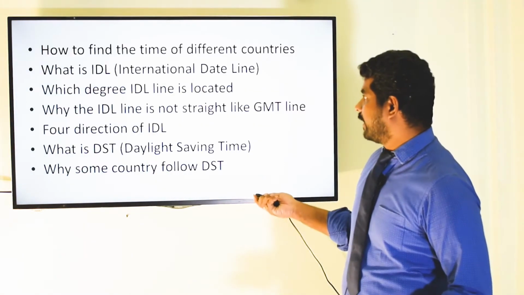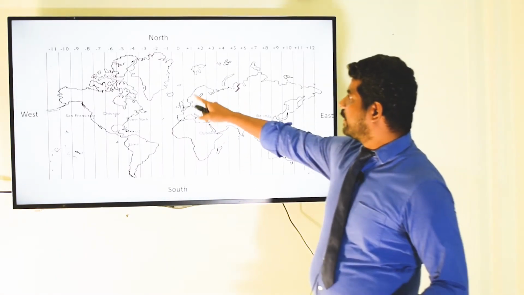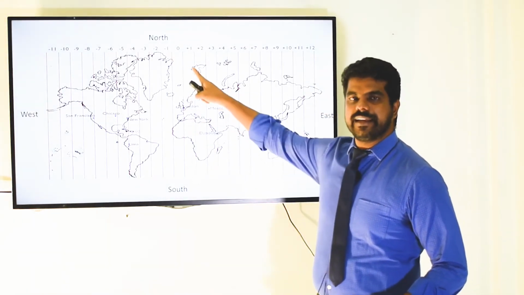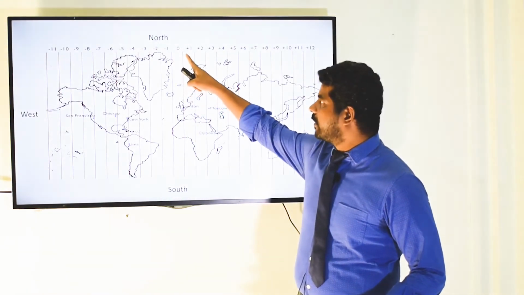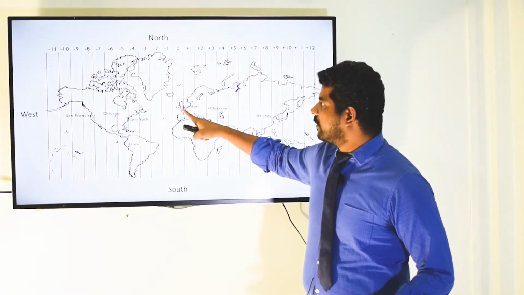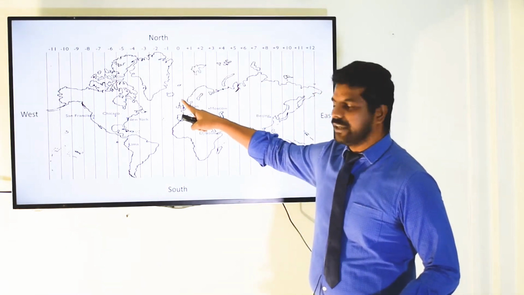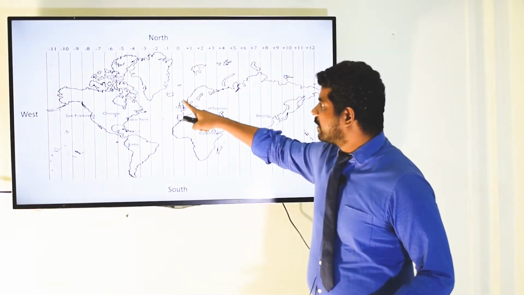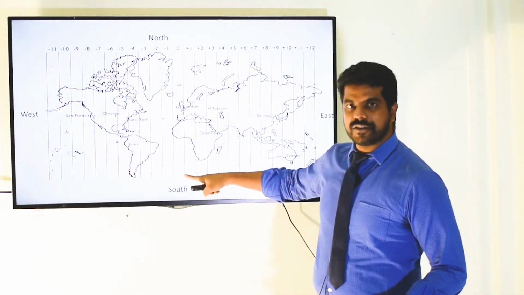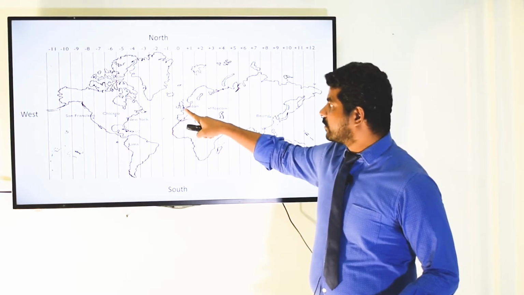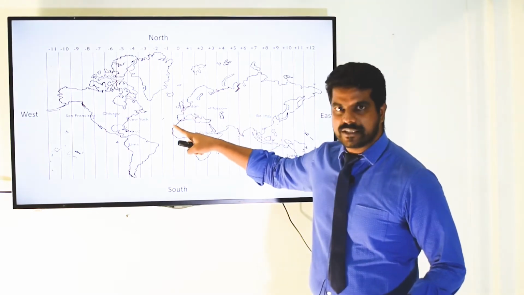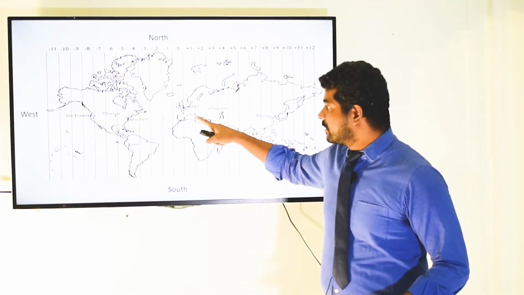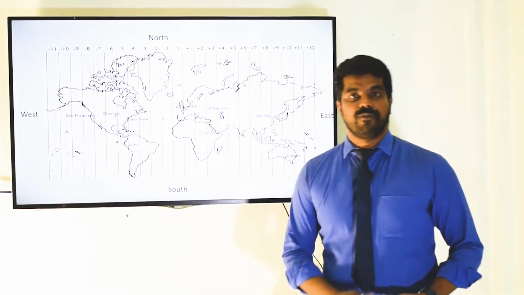The reason behind that is, if you look here, this is the GMT line. The line exactly falls in the UK, a European country. That's 0 degree. In that place there is a village named Greenwich.